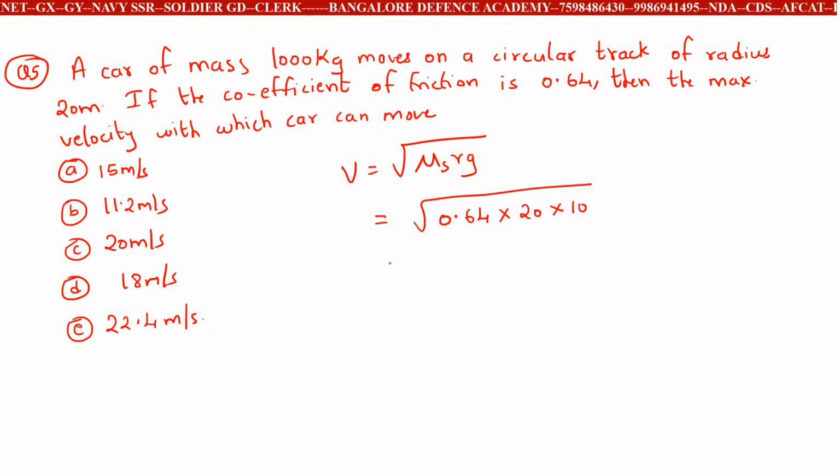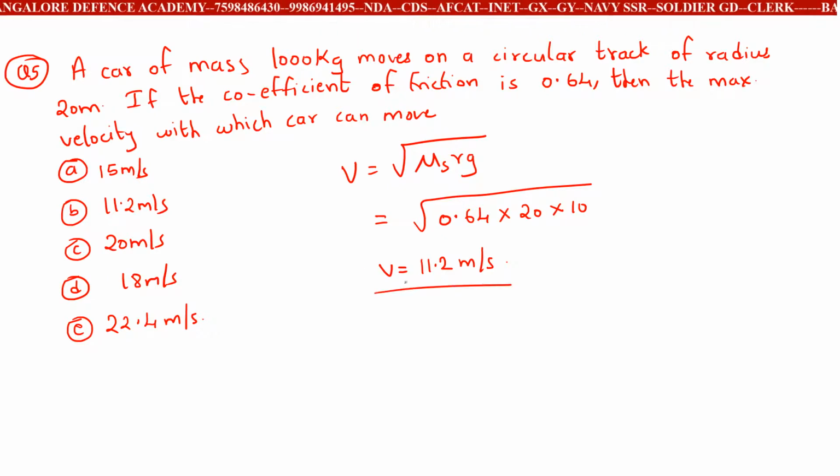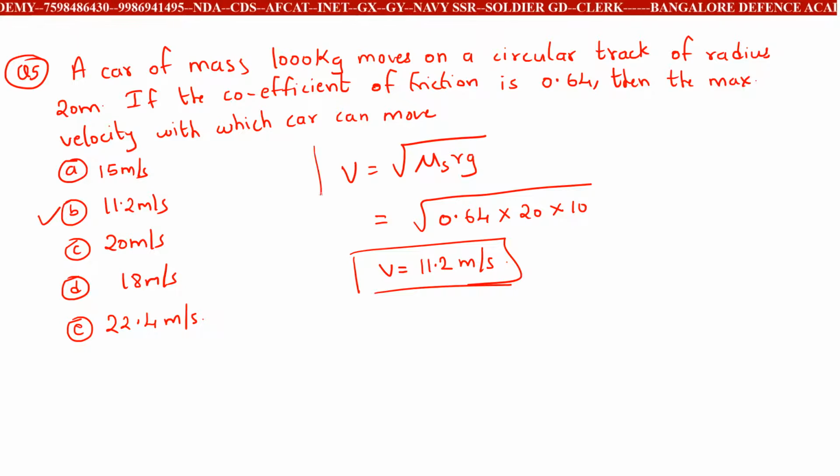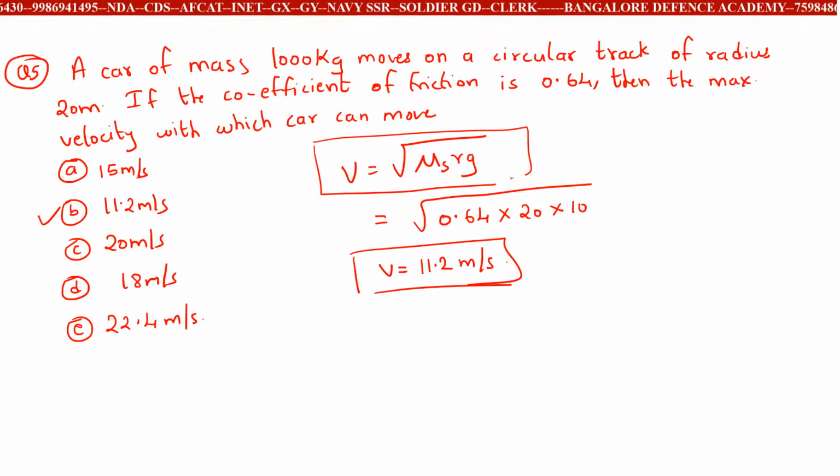So finally when you substitute all the values and you calculate, the answer will be 11.2 meter per second, option B. Try to remember this formula. Questions in your exams will be based on this formula. Circular track kind of question.